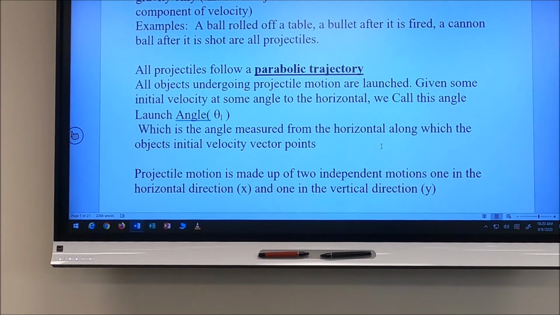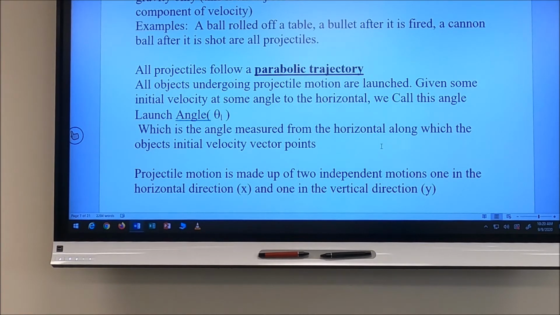This is an object that's in free fall that had an initial horizontal component to its velocity. So if I rolled a ball off a table, or a bullet after it's fired, or a cannonball that's been shot, or a baseball that's been hit, a package being dropped out of a plane, all of these things would be considered projectiles.